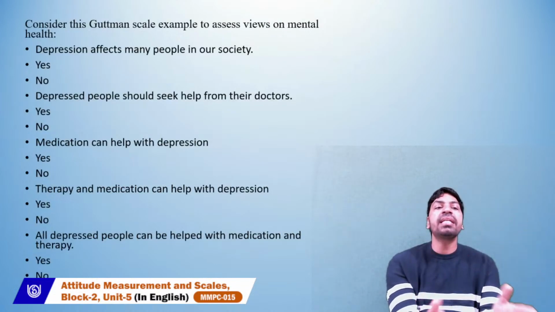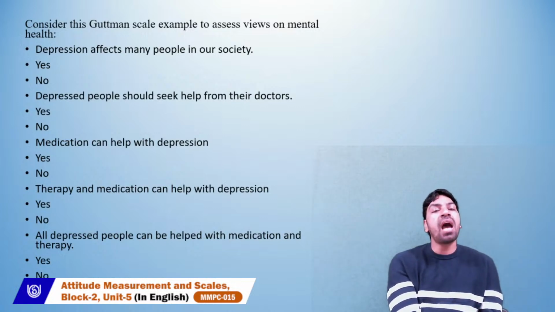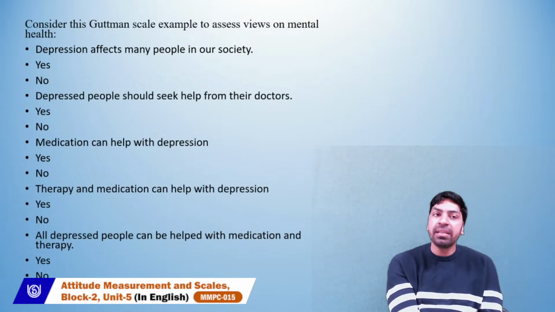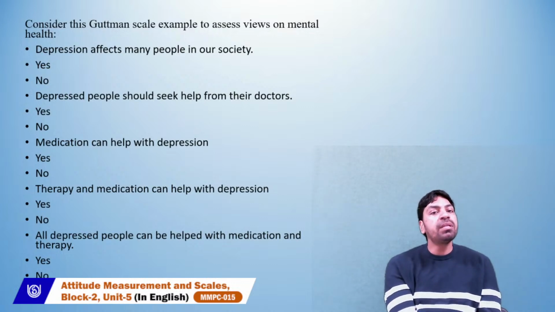This is an example which has been shown. A particular question is being asked of the respondent to assess views on mental health. Depression affects many people in our society, yes or no? Depressed people should seek help from their doctors, yes or no? Medication can help with depression.